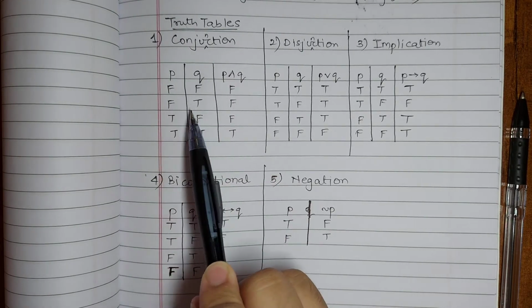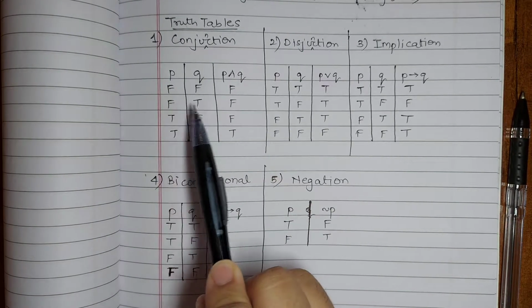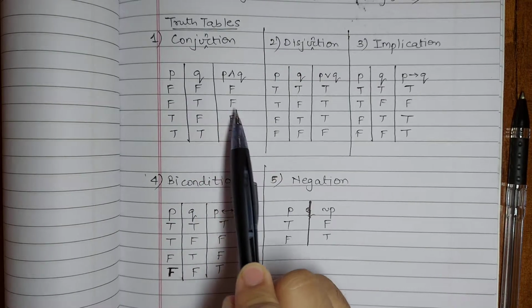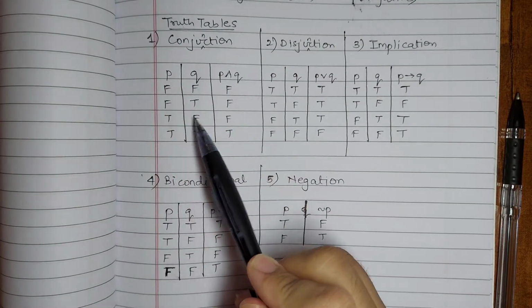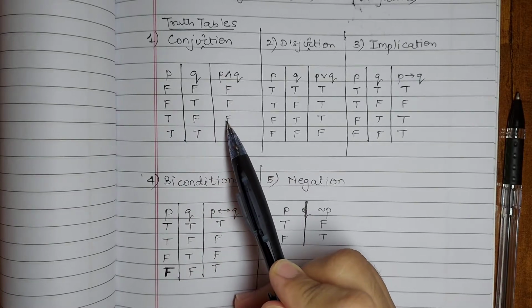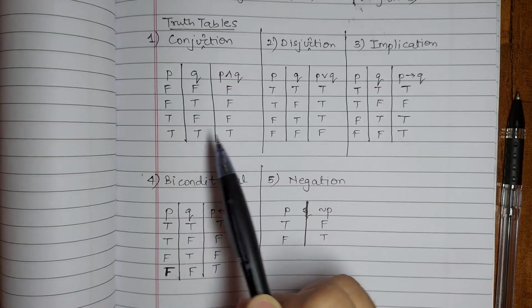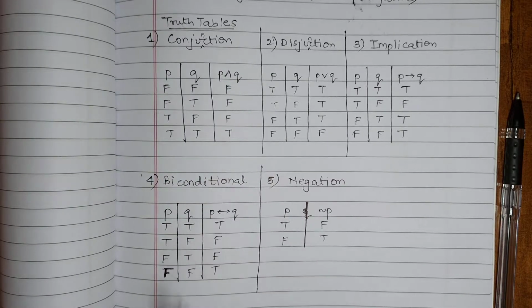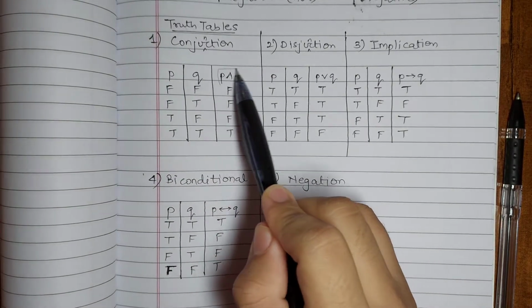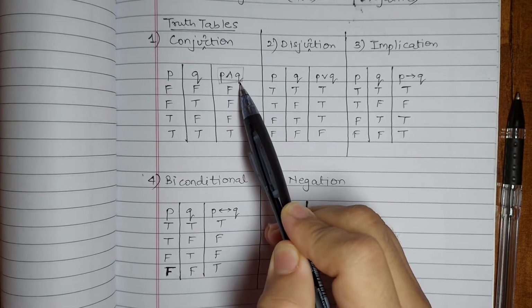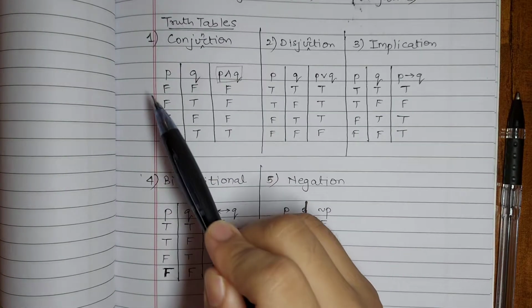Similarly, when f is multiplied by t, that is 0 into 1, it will give us the value as 0. Next is t into f, that is 1 into 0, again the answer would be 0, and finally t into t, that is 1 into 1, would give us the value as 1. So this operation would thus be called p and q, and here are the results for every possible case.